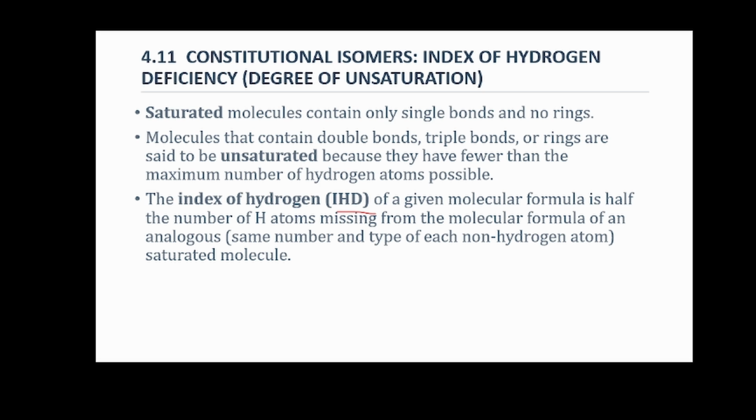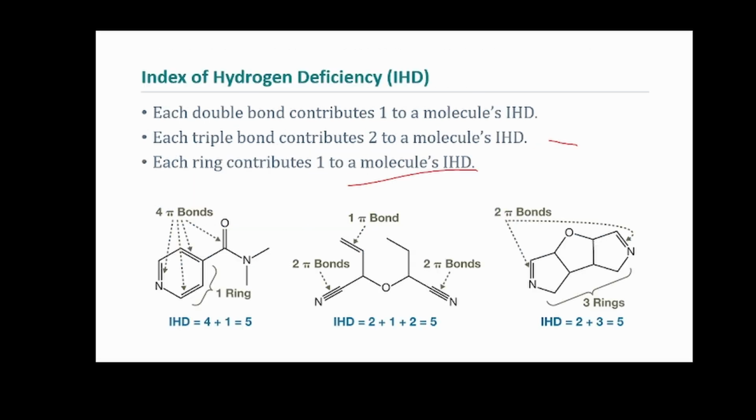The old terminology, degree of unsaturation, was very direct in its meaning, that it's literally the number of features that causes you to be unsaturated. A double bond has that extra pi bond, 1 degree of unsaturation. 2 pi bonds, 2 degrees of unsaturation. Ring, 1 degree of unsaturation. Okay?